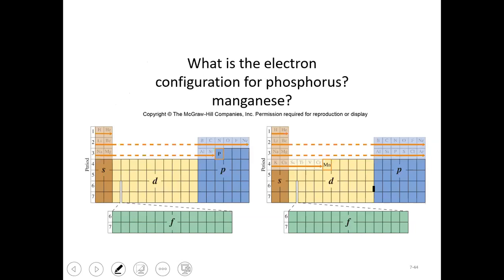I want to give you a few moments to practice these guys here. All right. Phosphorus and manganese. Again, remember, choose who is the core noble gas, and that's the bracketed form of your abbreviated configuration. And then in the period where the element is, start out by writing out the number of columns.